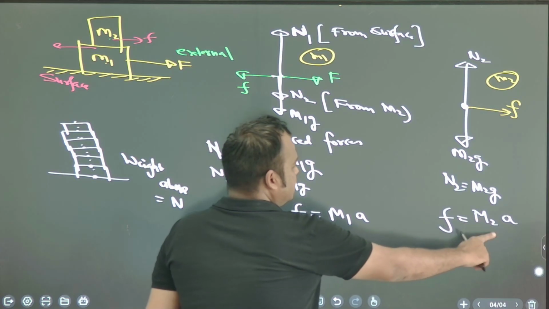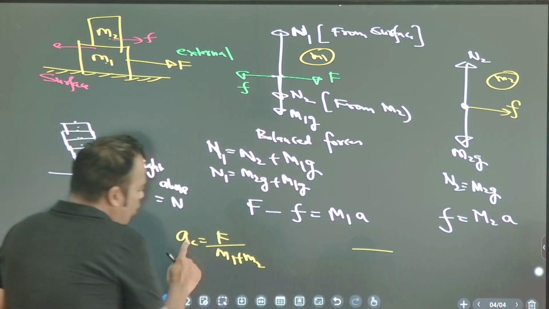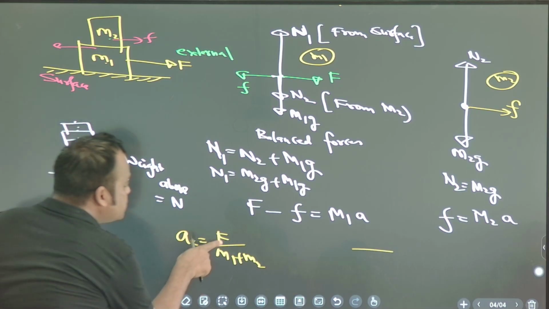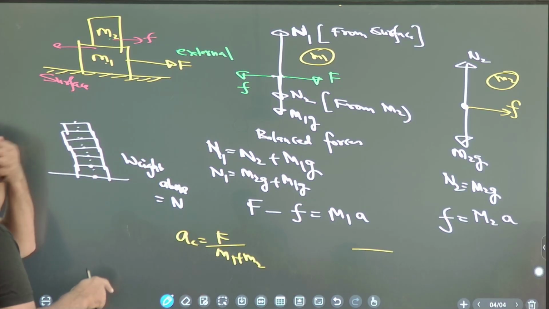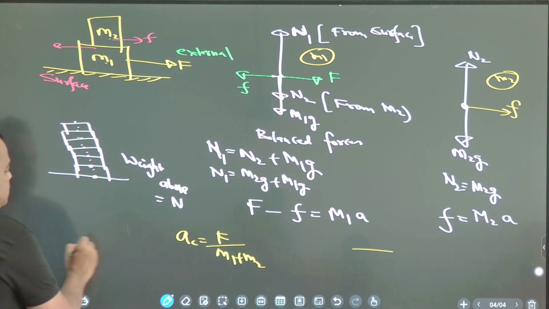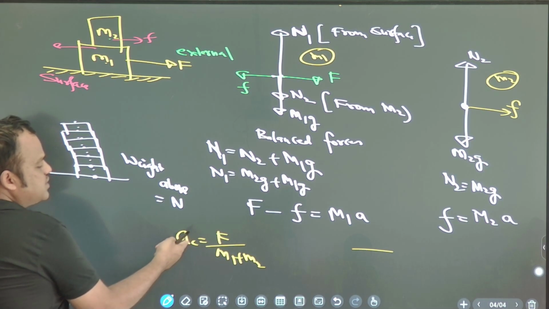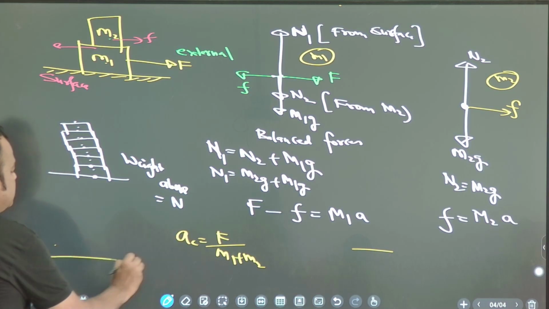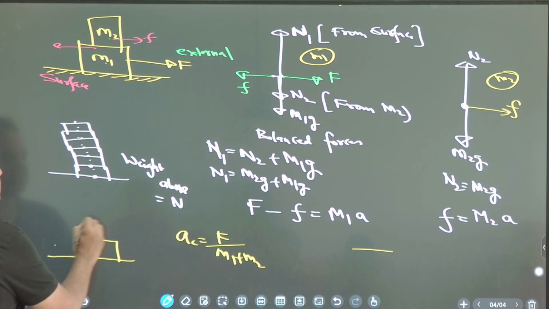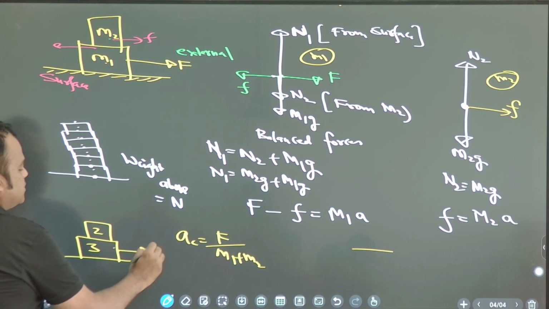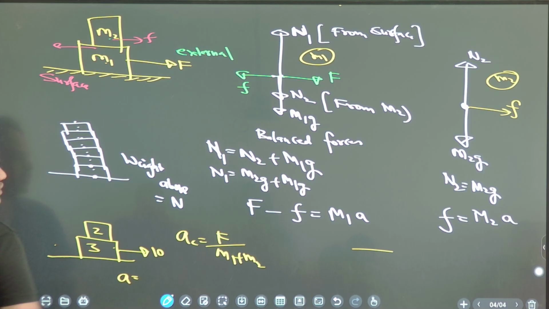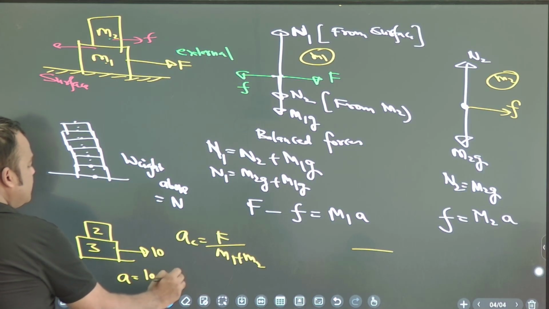So see, common acceleration depends on F. If F is more, common acceleration is more. Like for example, this is 3 kg, this is 2 kg, and this is 10 Newton. So what is the common acceleration? 2.